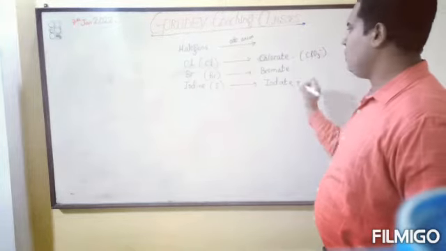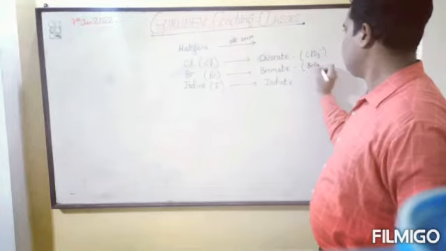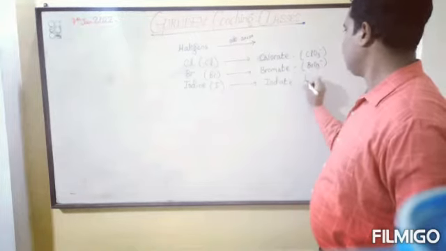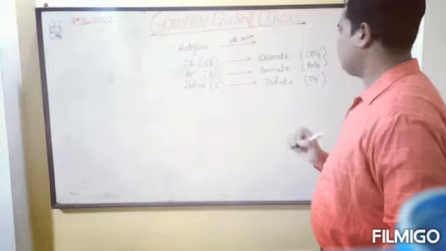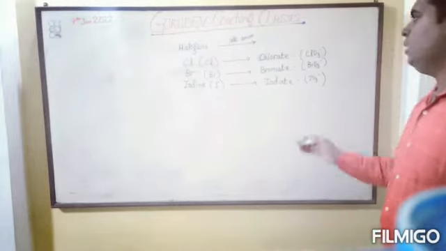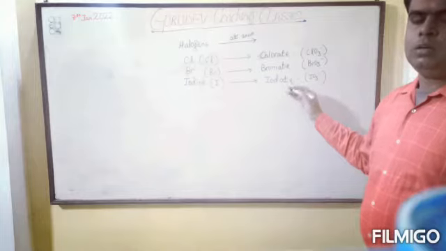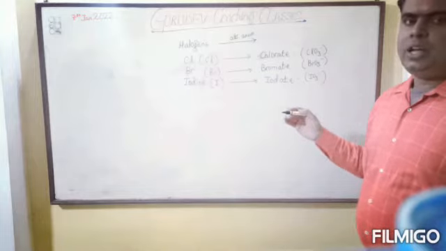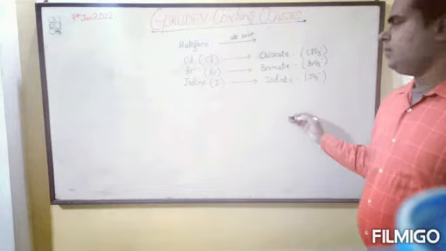The formula for bromate is BrO3 minus. Chlorate, bromate, iodate. Just have a look here at what I am going to do next.